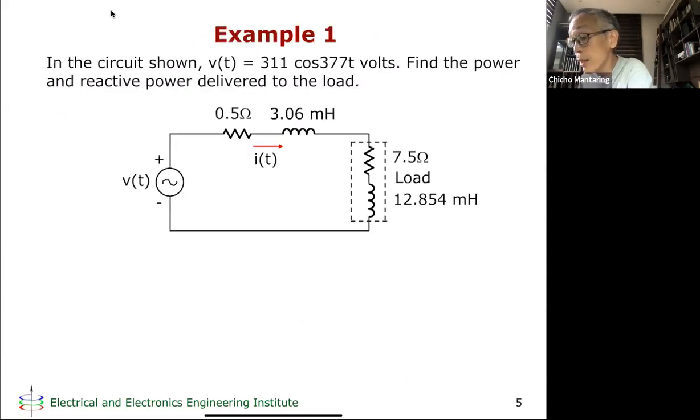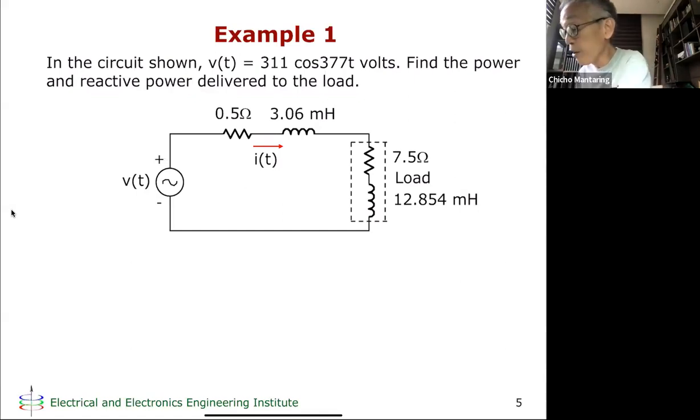Okay, so let's go to our examples. This is the first example, a rather simple example. In the circuit shown, v of t is equal to 311 cosine 377t. The problem is to find the power and the reactive power delivered to the load.